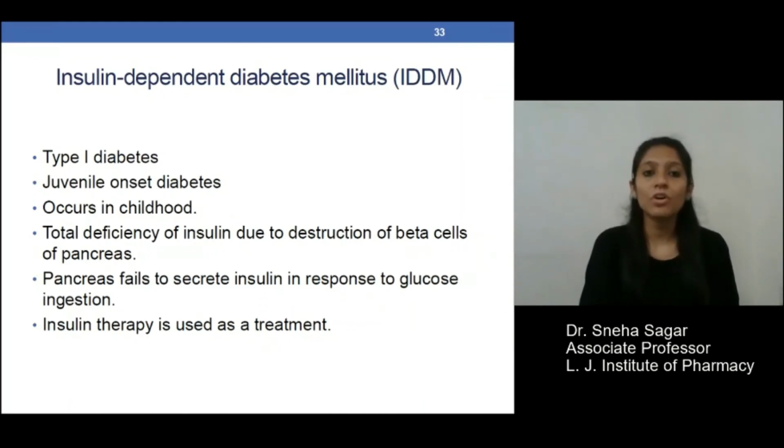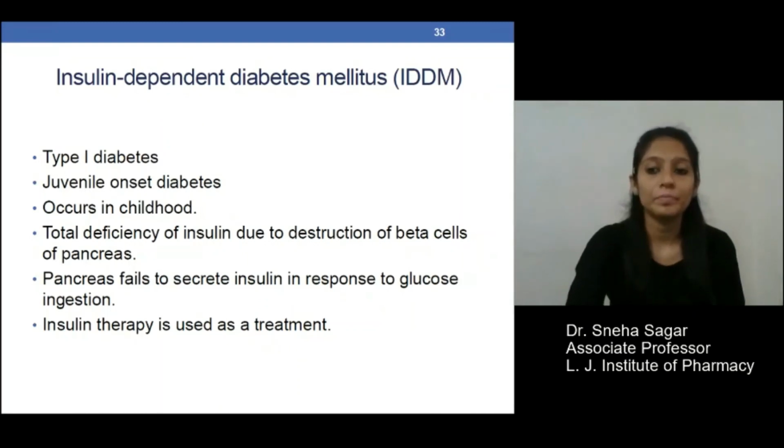The factor for this IDDM is genetic or autoimmune disease, in which total deficiency of insulin is seen because of the destruction of the beta cells of the pancreas. Insulin therapy is used as the treatment for IDDM.